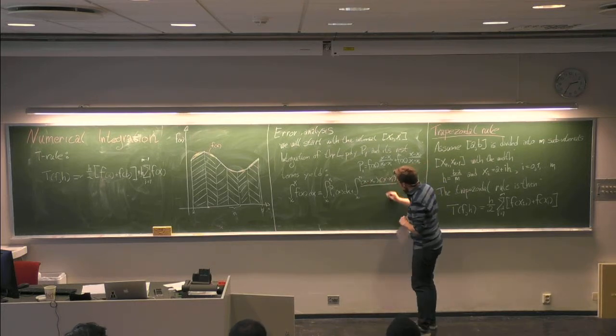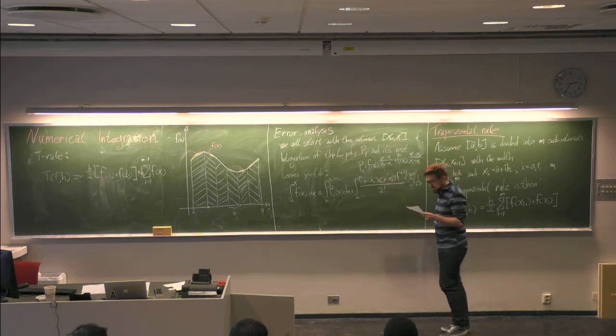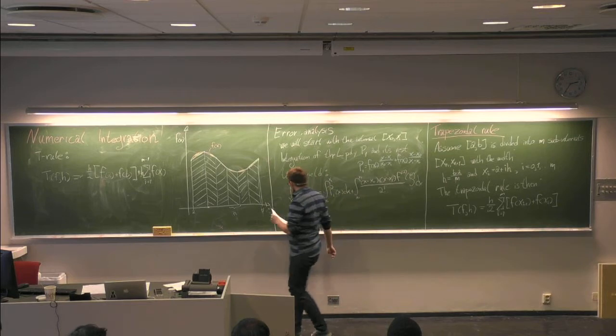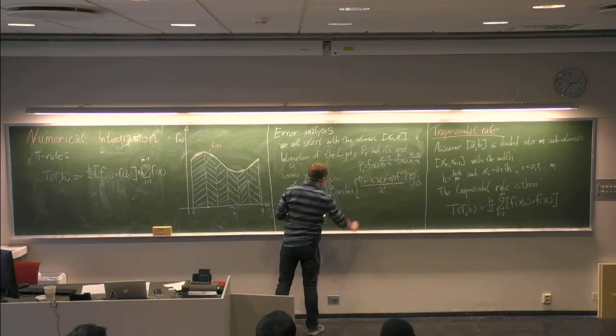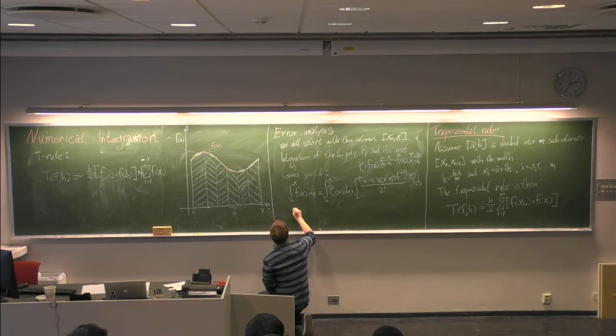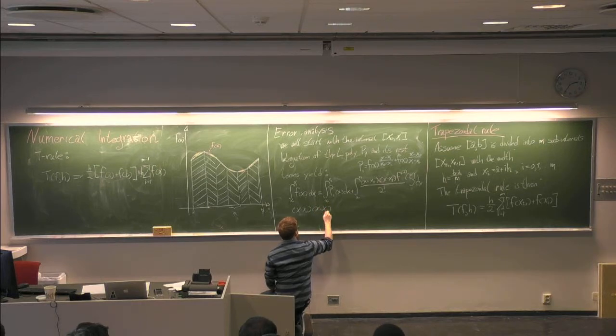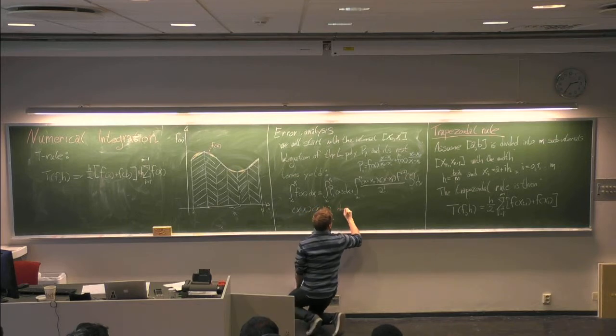This whole thing is divided by 2 factorial. So then we know that this term does not change sign. I'll just write this as well: x minus x0, x minus x1. Does not change sign, yes.